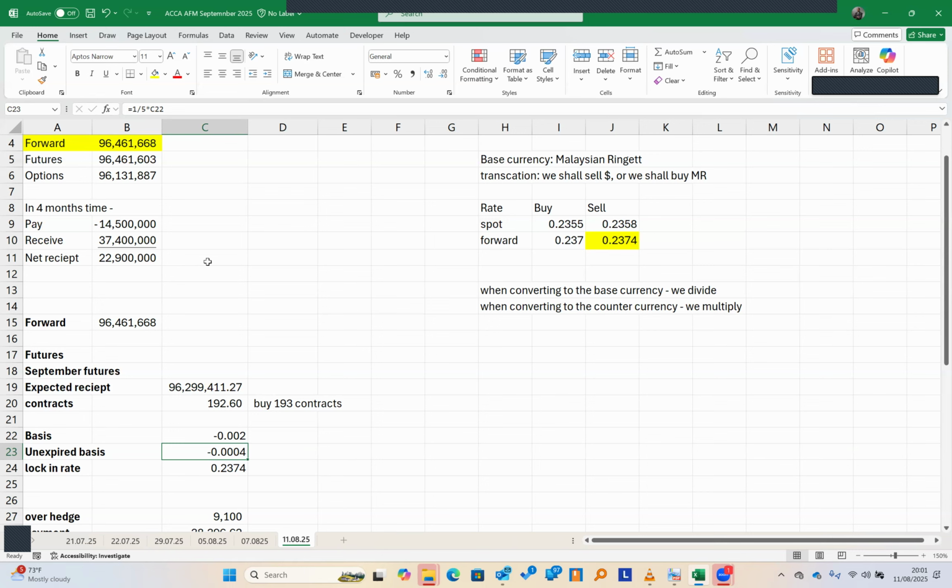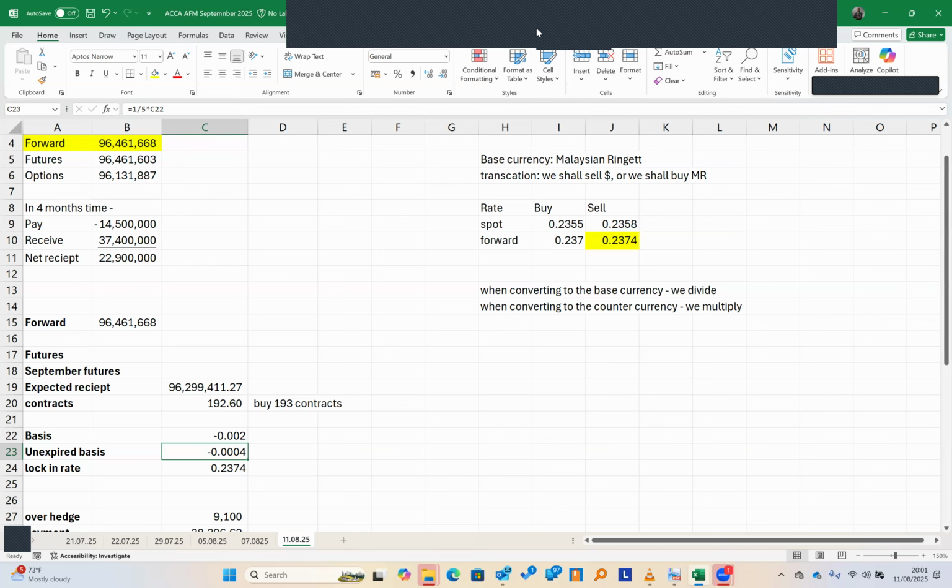And then the options are the ones that are scoring the best here. They are still better options compared to the two, because the options give you the right, as I said, but not an obligation, which means that when things are working out well, you could actually discard the option and go to the market in case the market is favorable for you. But if things are not working out well, then you have a minimum that you are going to receive.